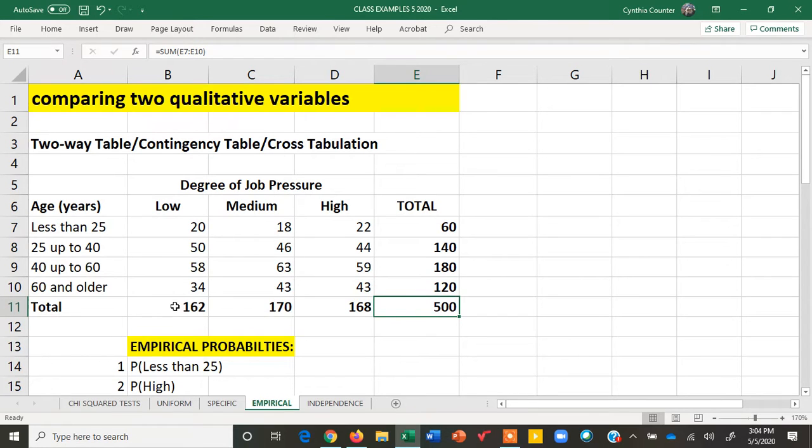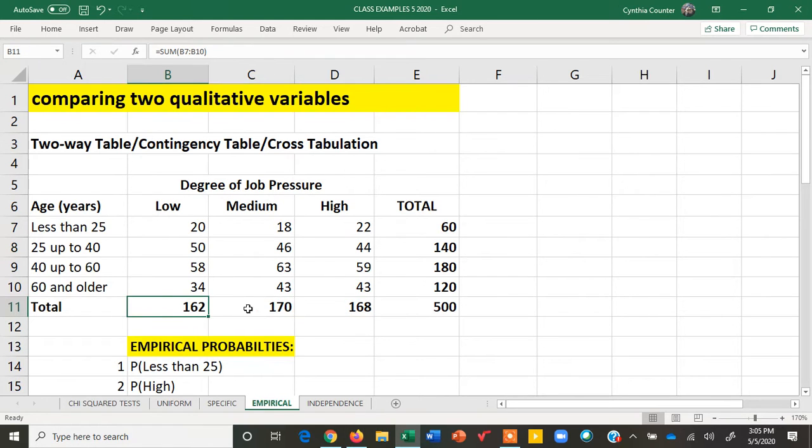Also of these 500, 162 reported low degree of job pressure, 170 reported medium degree of job pressure, and 168 reported high degree of job pressure.